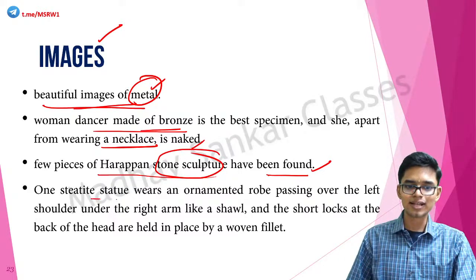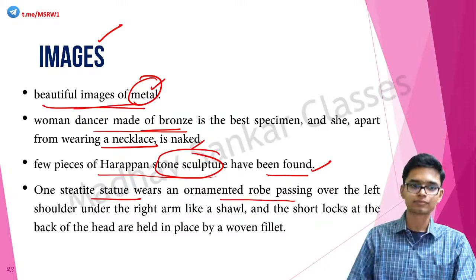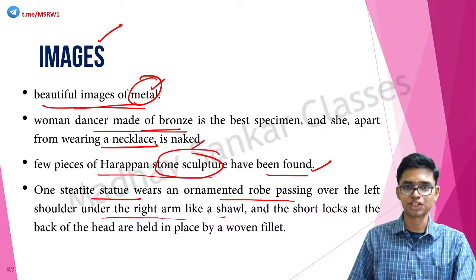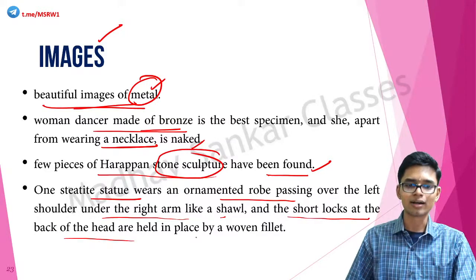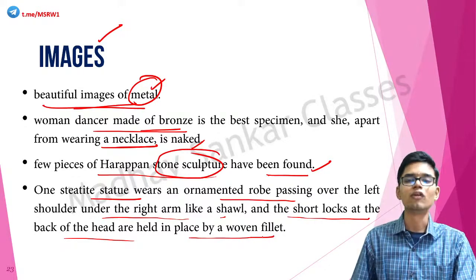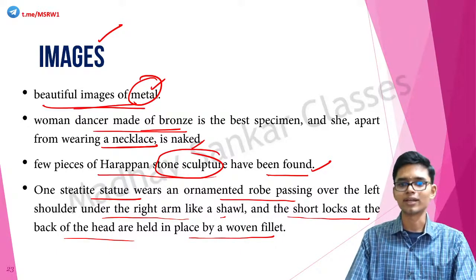One striated statue wears an ornamented robe passing over the left shoulder under the right arm like a shawl, and the short locks at the back of the head are held in place by a woven fillet. This is another example. I do not have the figure here; it's not given in your textbook, that's why it's not there. You can Google it.